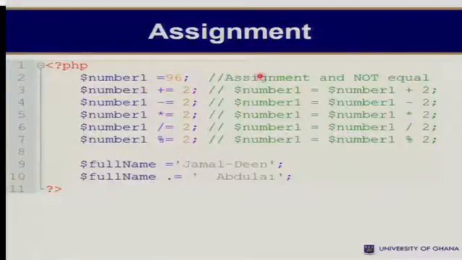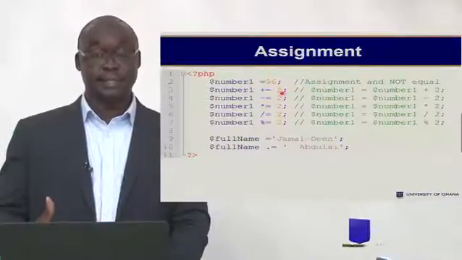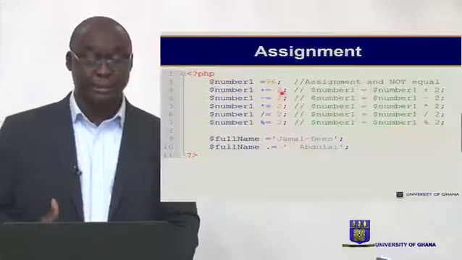So this is assignment and not equality. We are just saying store 96 into the variable number 1. And the next statement is number 1 plus equal 2. This statement is saying that take whatever you have in number 1, which is currently 96, add 2 to it, and store the result back in number 1.